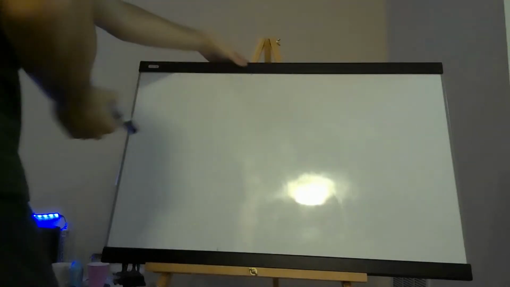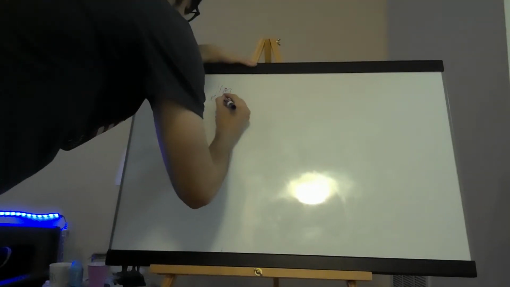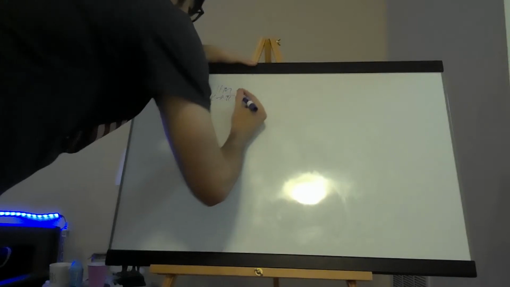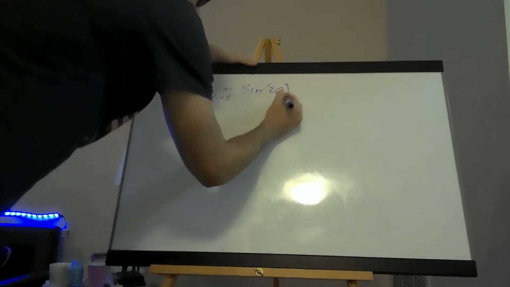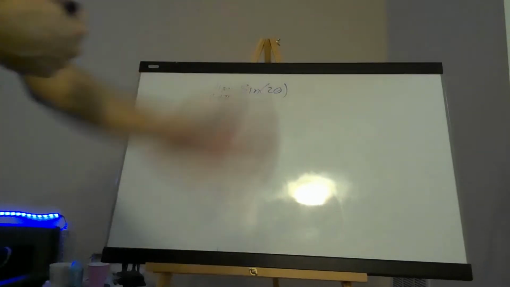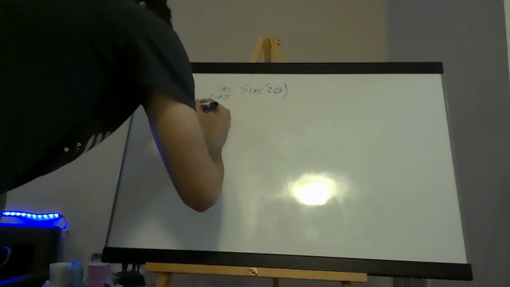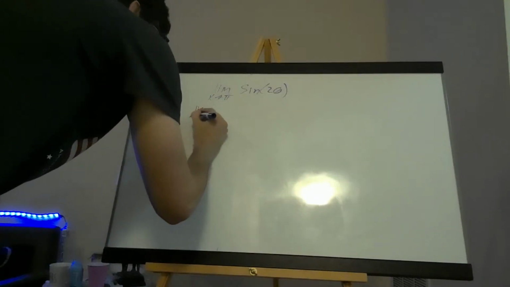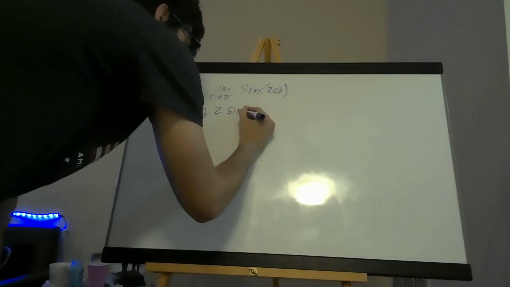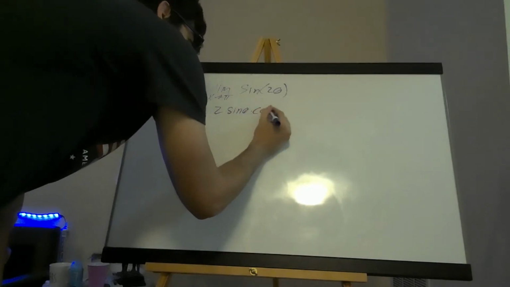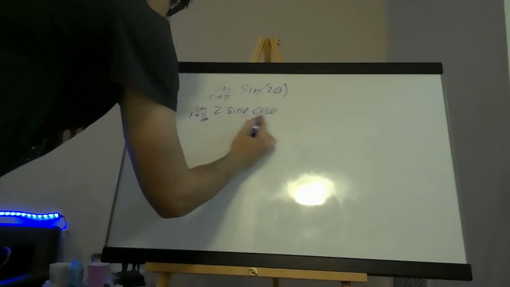So if we've got the limit as x approaches, I don't know, pi for sine of 2 theta. I'm just using a double angle formula because it's going to be the same situation, the same rules. So you could write this as the limit as x approaches pi for 2 sine theta times cosine theta. And then you're just going to plug in pi into the thetas.